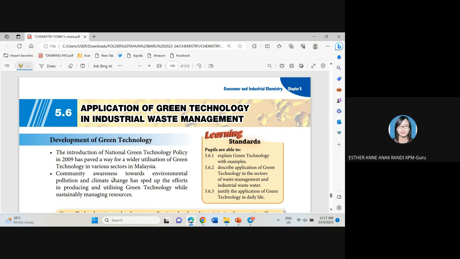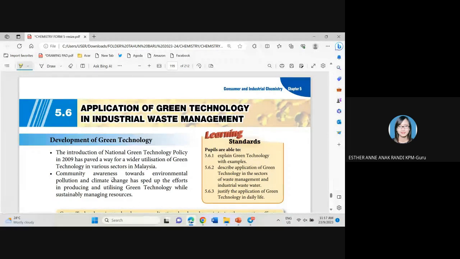If you ever heard of water treatment plant, pusat rawatan air. So mereka akan rawat air itu. They will treat the water and the water will be supplied back to you for our use.